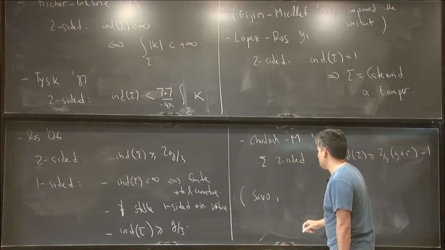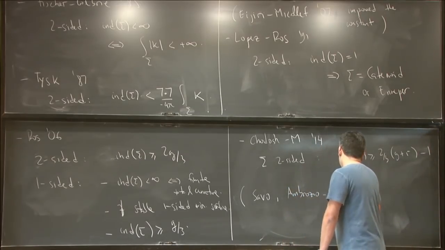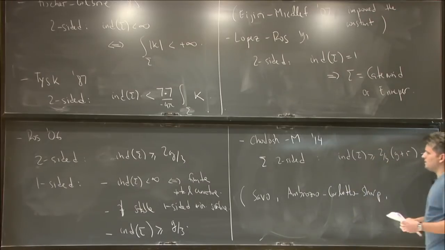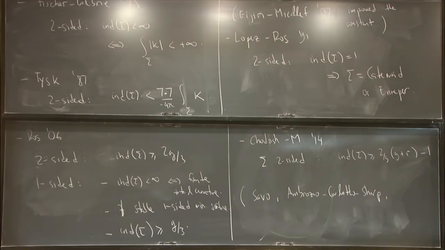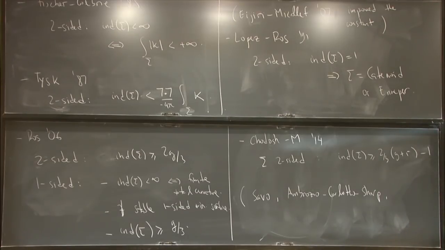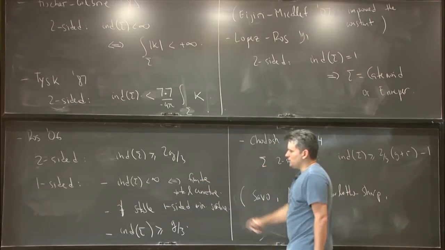This was done by Savo. Ambrosio, Carlotto, and Sharp also show an index estimate where you have minimal surfaces of a general manifold that you can embed into Euclidean space, and you impose an assumption on that embedding. Then the method gives you a bound as well.